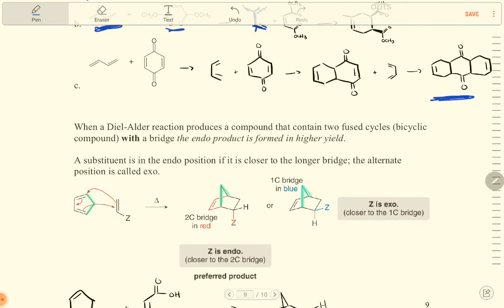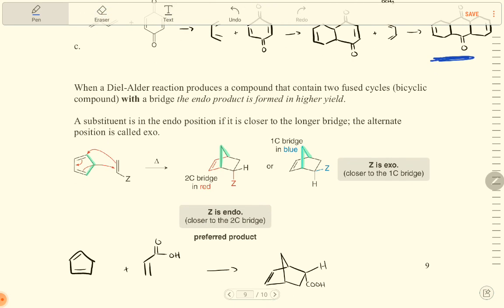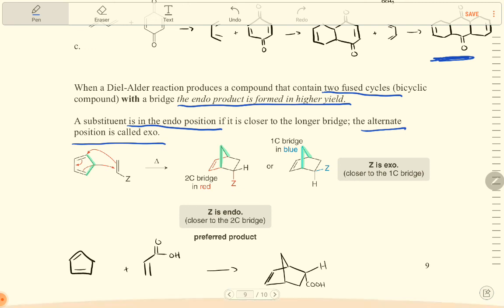When a Diels-Alder reaction produces a compound that contains two fused cycles, a bicyclic compound with a bridge, the endo product is formed in higher yield. So when you look at the substituent in the endo position, it is closer to the longer bridge, and the alternate position is called the exo product. Alright, so you can see this is closer to the 1C bridge.